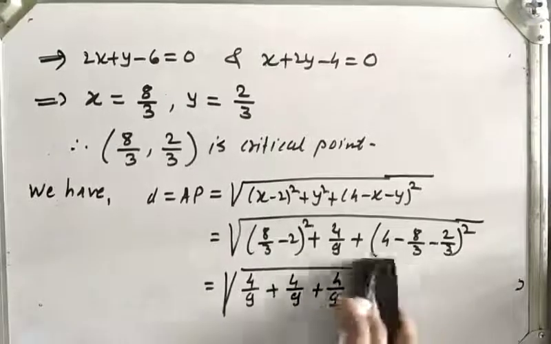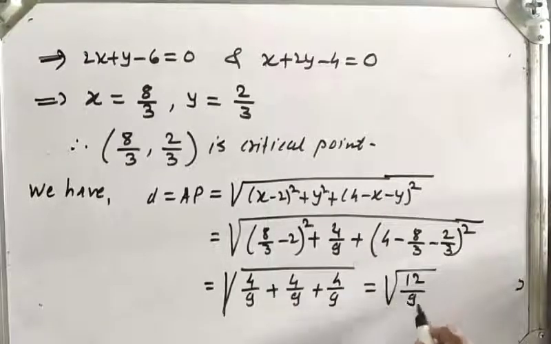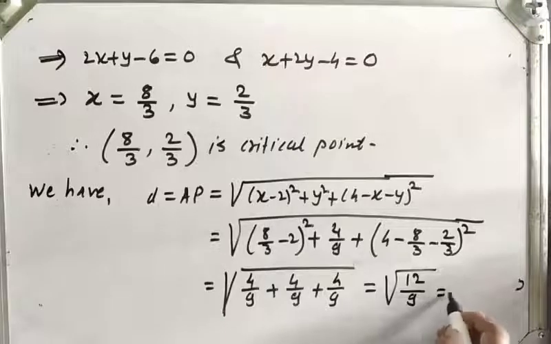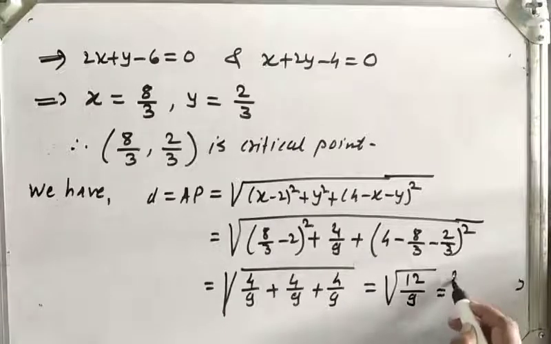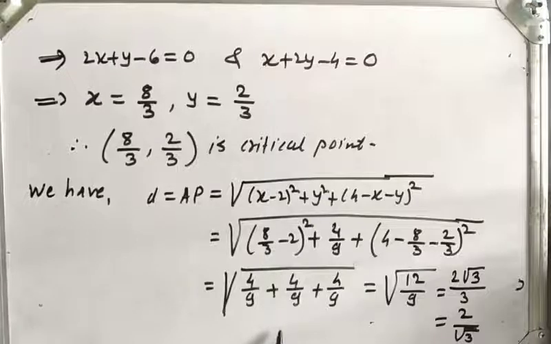So it will be square root of 12 by 9, that is 2 root 3 upon 3. And we can write it as 2 upon root 3, because 3 can be written as root 3 into root 3. So 2 upon root 3 is the minimum distance from the point to the point on the plane.